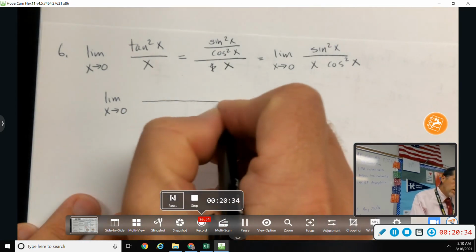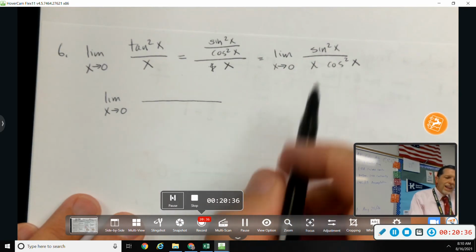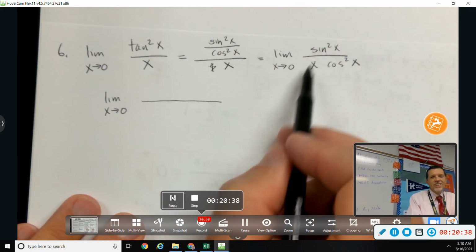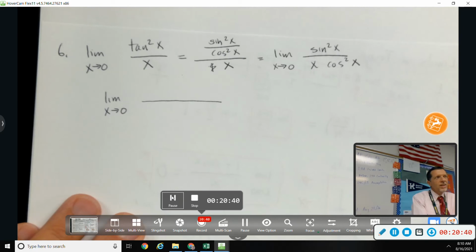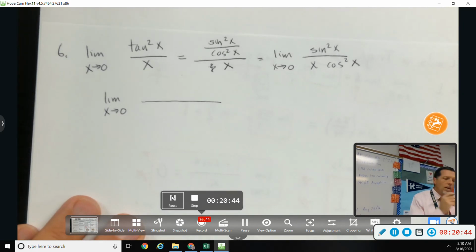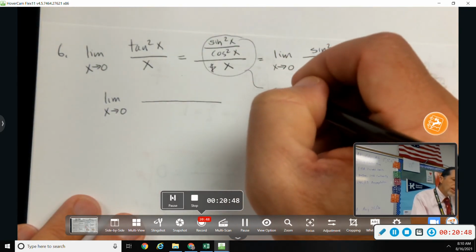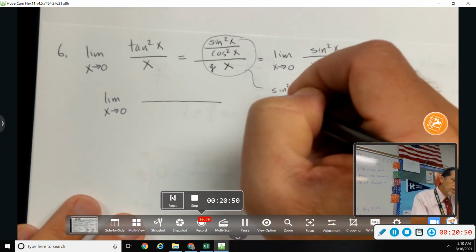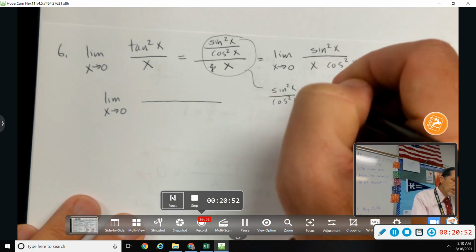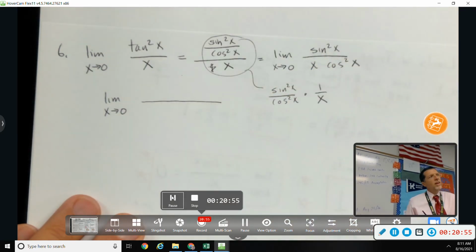We did this earlier. There's kind of a sine x over x hidden in there, and I'd like to make that work. Why can't you just put the cosine on the bottom? So the long way around from here would be like keep it, change it, flip it. Keep it, change it, flip it. And so the cosine ends up in the bottom.